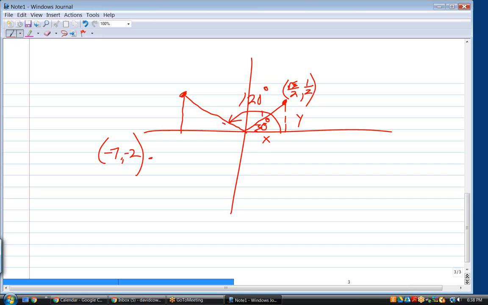Notice that now the cosine of theta is going to be a negative x value. That's why the cosine is negative in the second quadrant, whereas sine of theta is the y value, and the y value is positive right there.